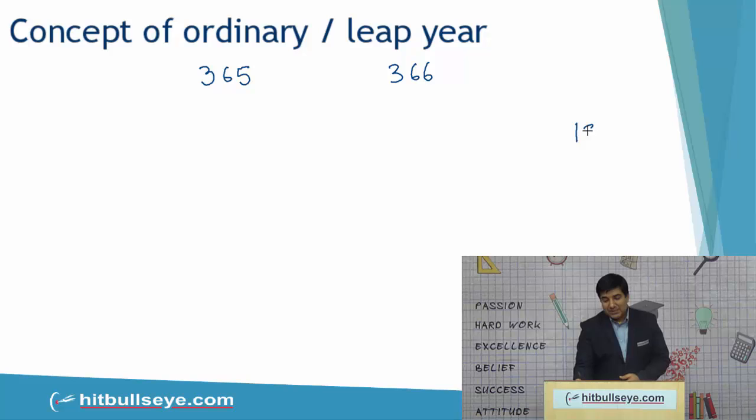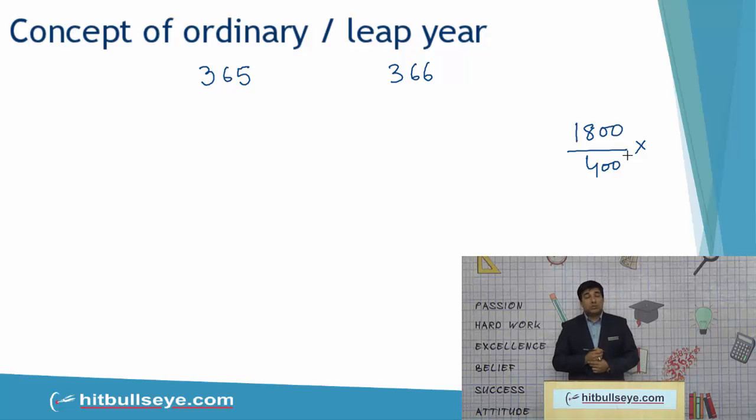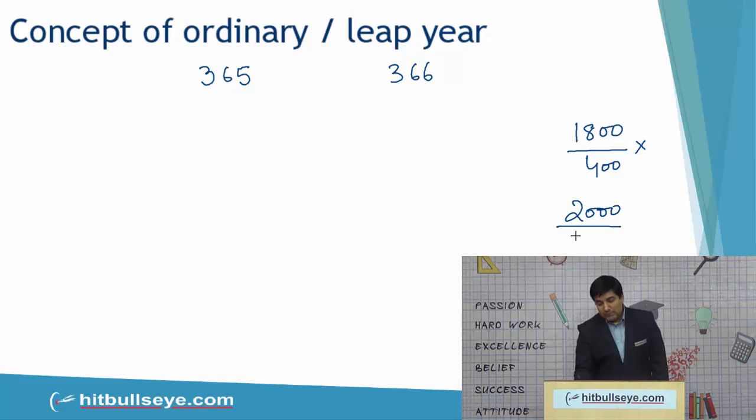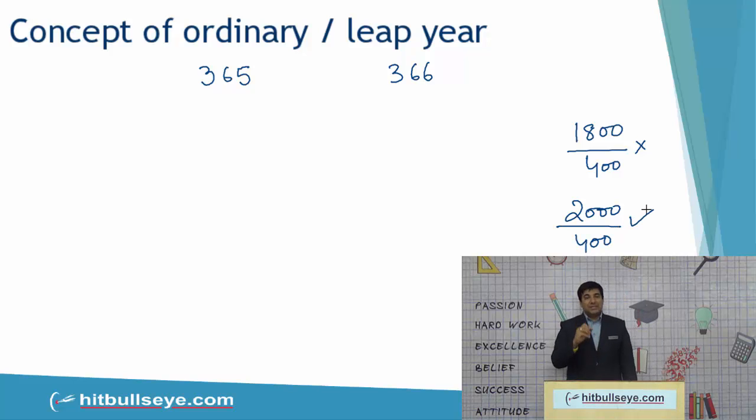So since 1800 is not divisible by 400, 1800 was not a leap year. 2000 was divisible by 400, so 2000 was a leap year. This is only for end of the century years. Normally, every year which is divisible by 4 is a leap year.